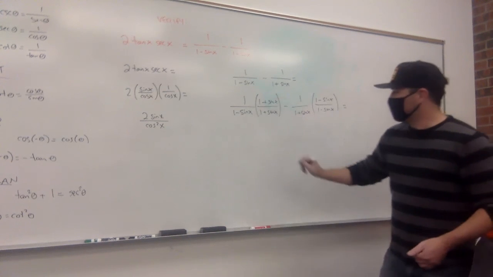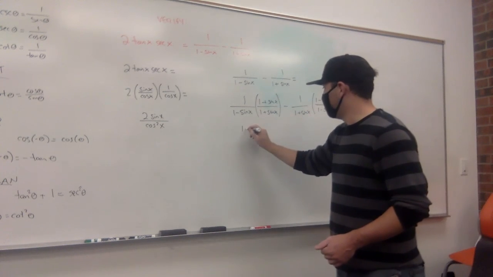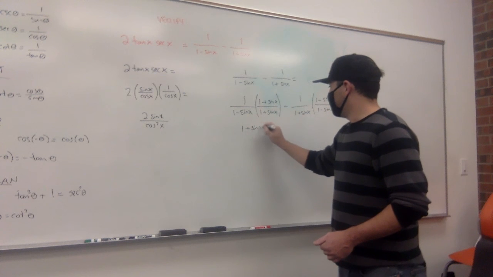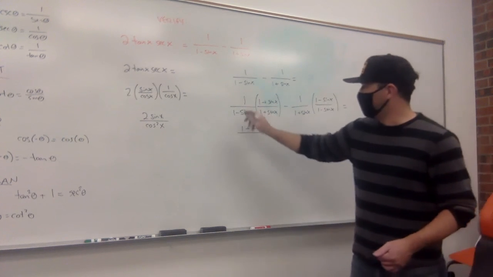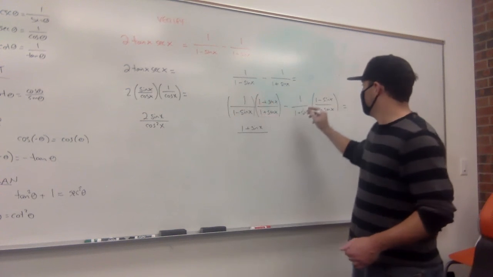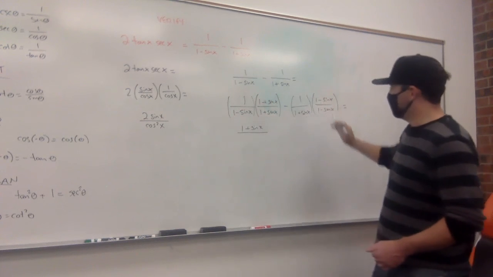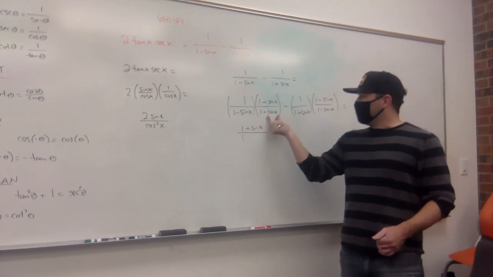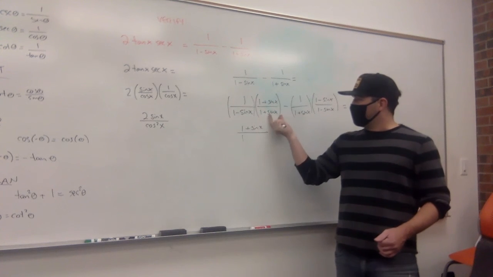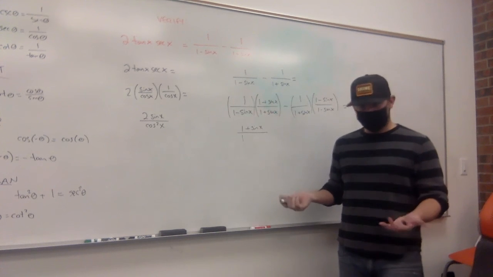Okay, so on my left-hand side then, I'll have in the numerator 1 plus sine x. And in the denominator, just to be clear, we multiply the entire denominator by the entire denominator. Using FOIL, our first term will be 1. Our outside and our inside terms are positive sine x and negative sine x, so those will cancel.